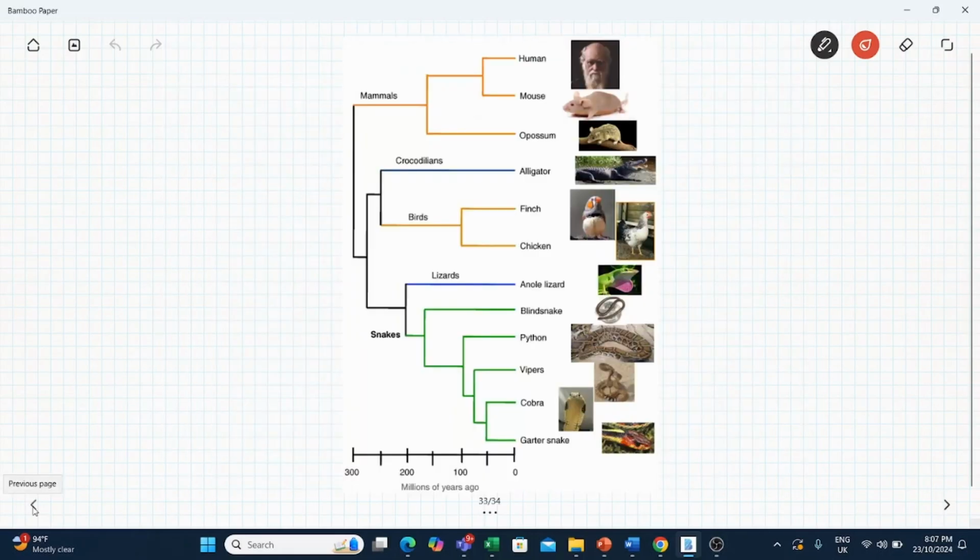Now, interestingly, what you can see is you've got common ancestors over here, a common ancestor over here, common ancestors over here.